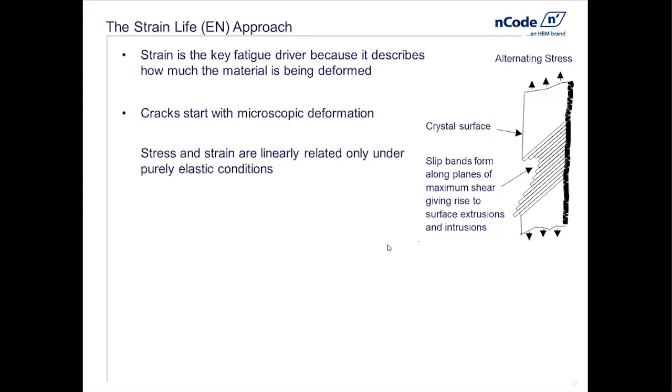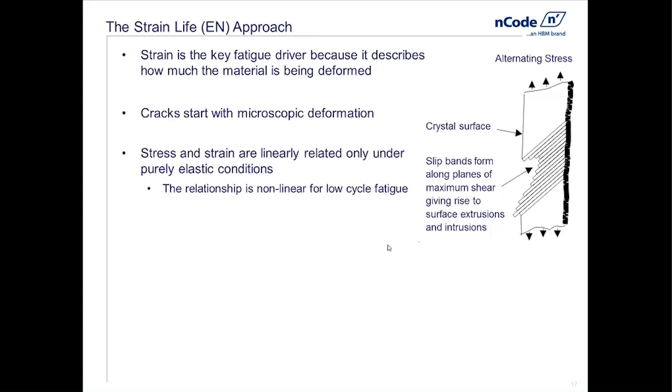Other times they're not. If we get into large stresses, then we can end up with a nonlinear relationship between stress and strain, which means then that when we get into large fatigue cycles, the stress life method is tracking the wrong parameter. We should be tracking strains rather than stresses.